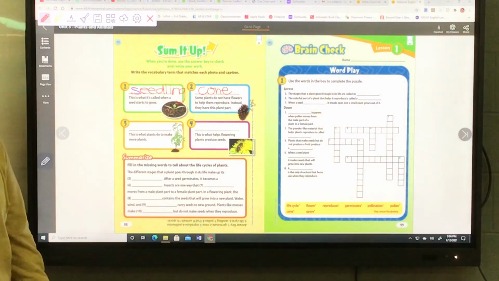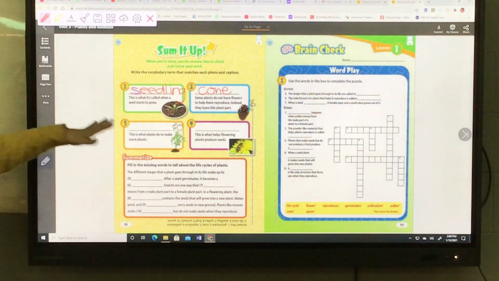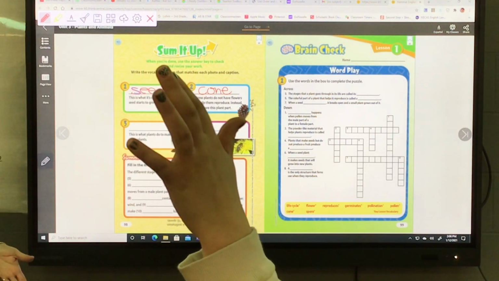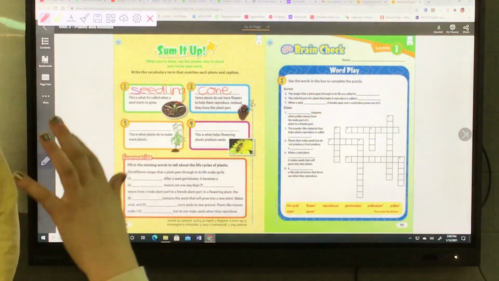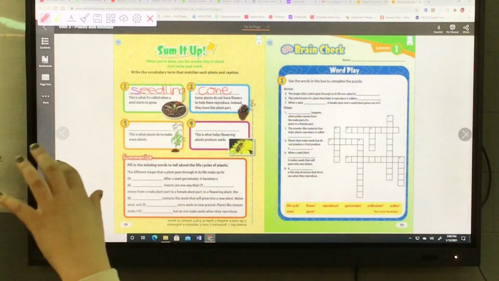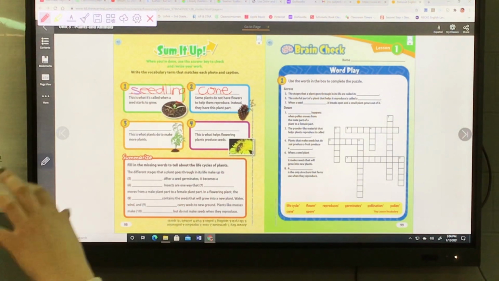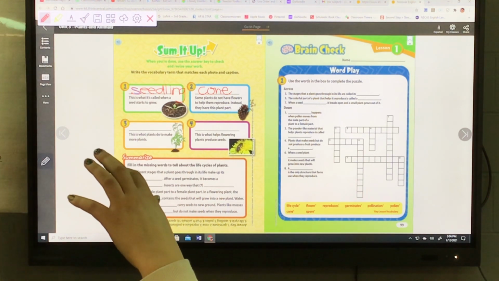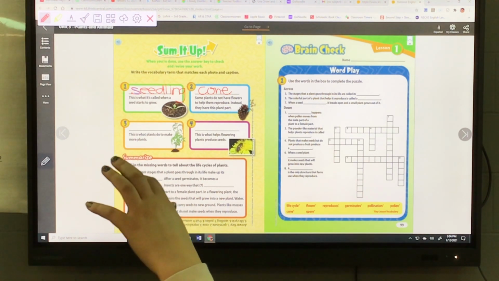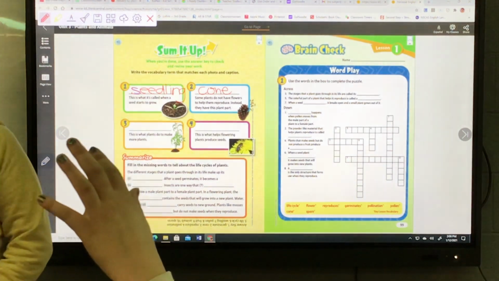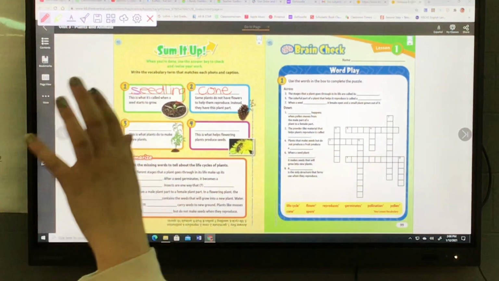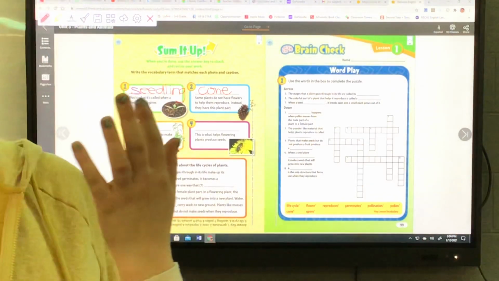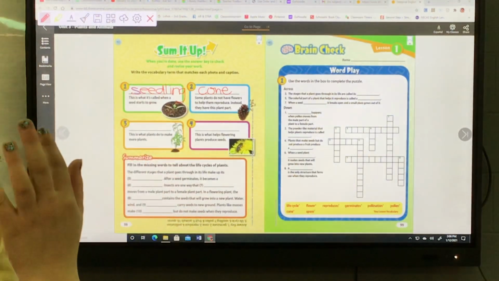Now, what was that word that it said what plants do to make more plants? Do you remember? You can always look back if you're not sure. It is on page 92. It's one of the highlighted words.